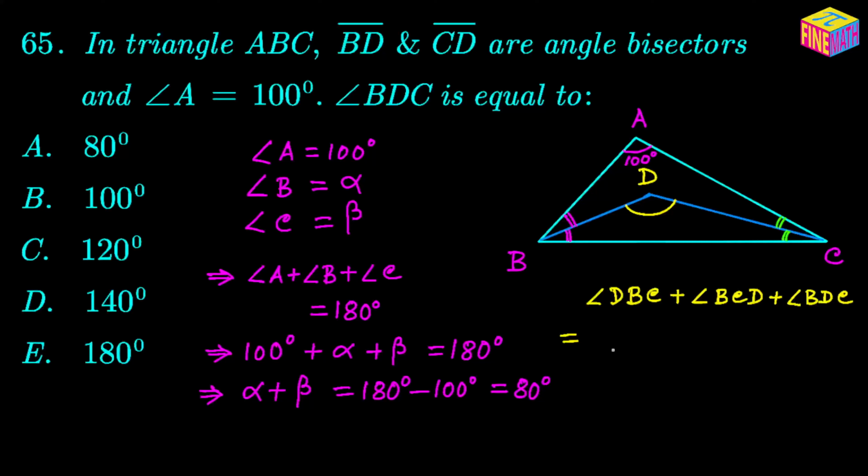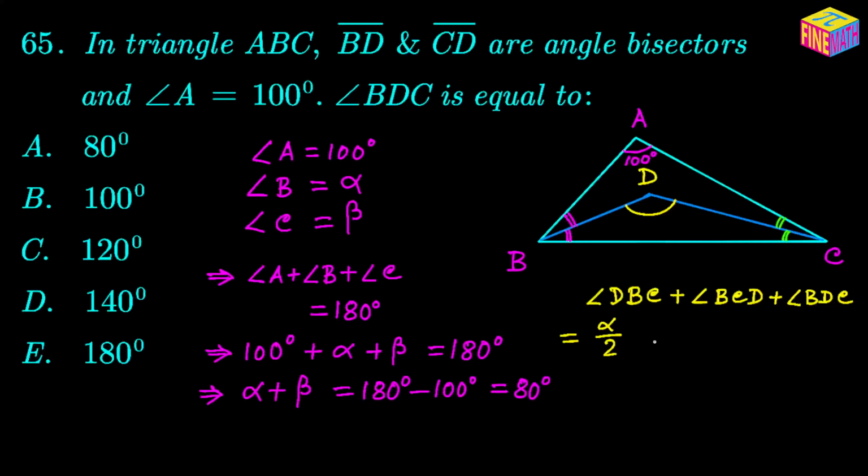Let's use alpha and beta for some of these angles. Angle DBC is actually half of angle B, because BD is the angle bisector. So angle DBC would be half of alpha.